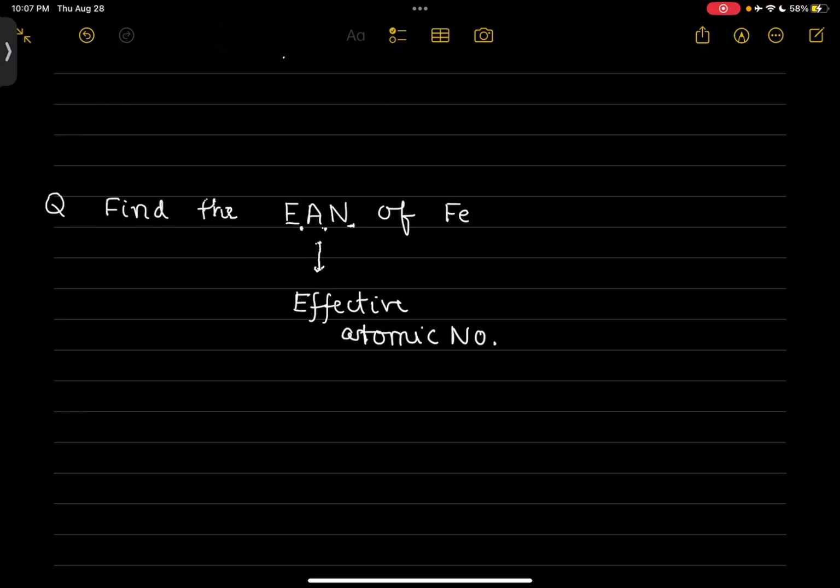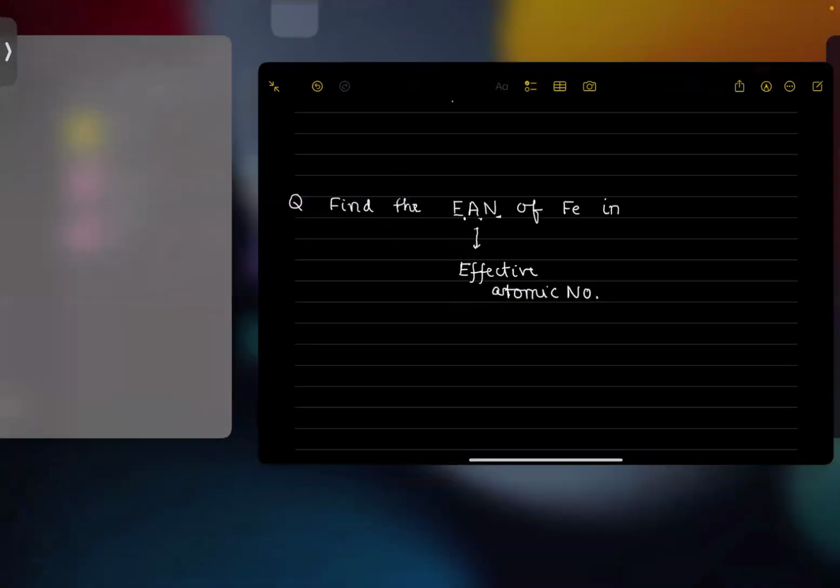So find the EAN of iron in the two complexes.